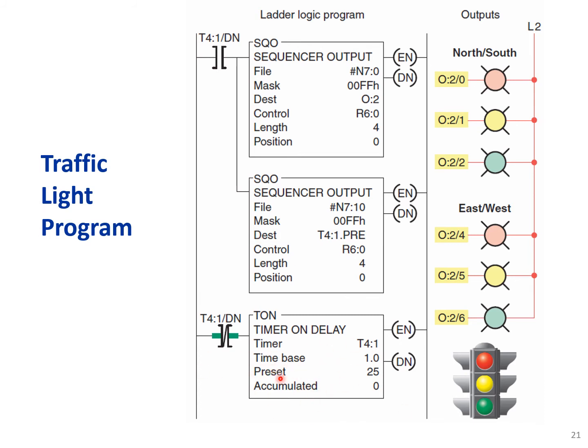We are changing the preset time value of the timer by the second sequencer, and the first sequencer basically rules the lights on the north, south, and the east, west. So you see that we need to have a different sequencer file for the second output based on the previous slides that shows what is the time interval between each light. Okay, so these lights, they have specific time intervals, and we need to create that sequencer file.